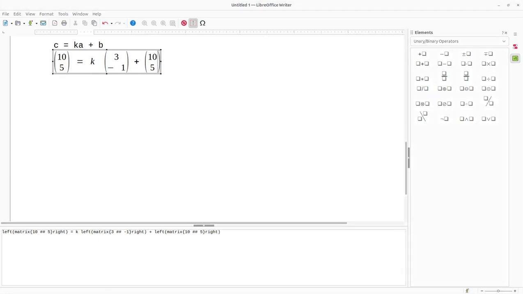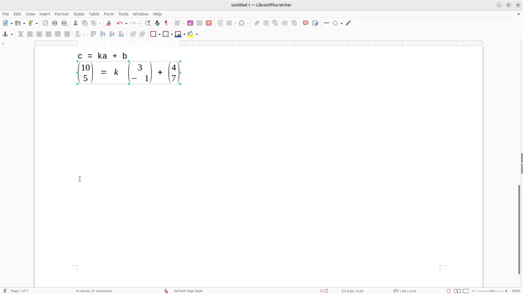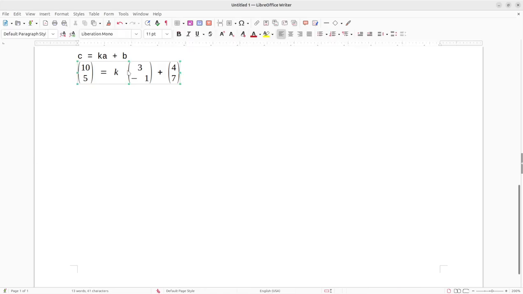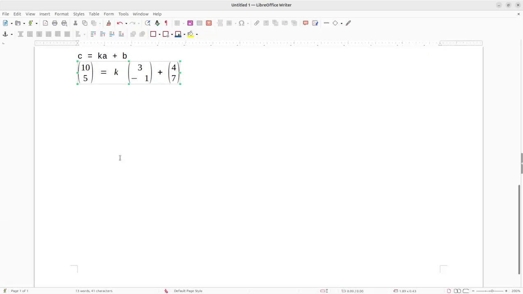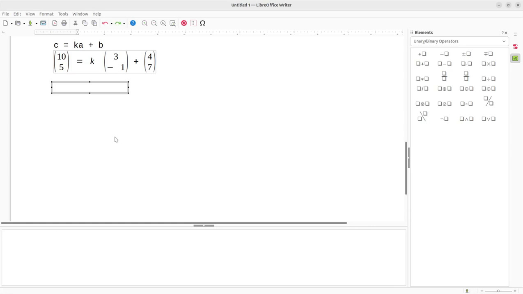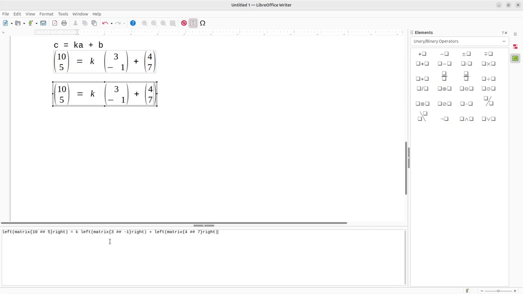It's 4, 7. Matrix B is just 4 and 7 there. Now let's work that out. It's going to give you this thing as it is, but let's put the k inside here so that you have 3k and then -k.